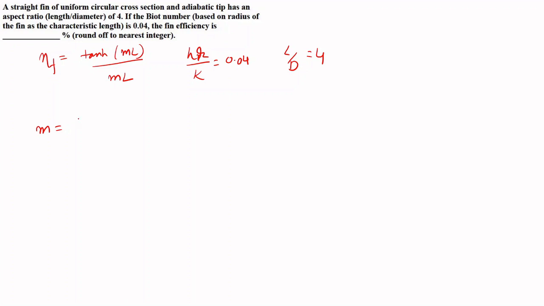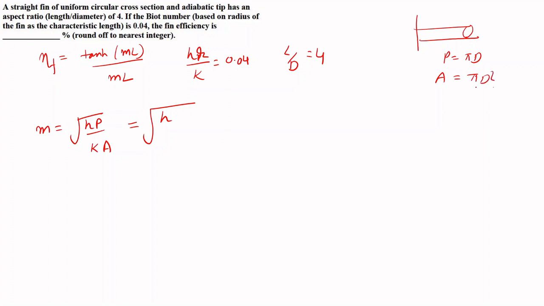So m is given as under root of hP upon kA. For the fin, the perimeter we discussed as pi d, and area as pi d square by 4. So I will just replace those values over here.